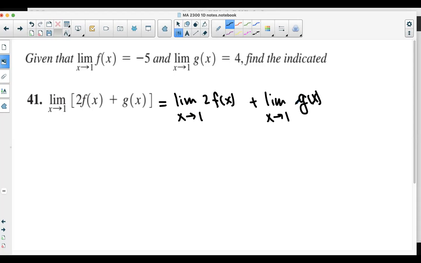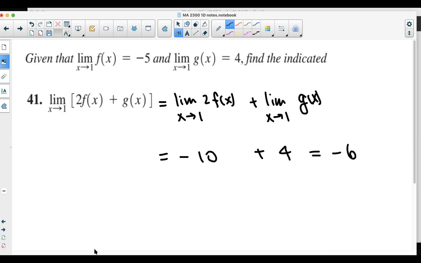I can separate them in two different ways. We know that this one is equal to 4, so plus 4. But this one is negative 5, and I have 2 times that, so we get negative 10, because this is 2 times negative 5. So ultimately, our answer is negative 6. Relatively simple.